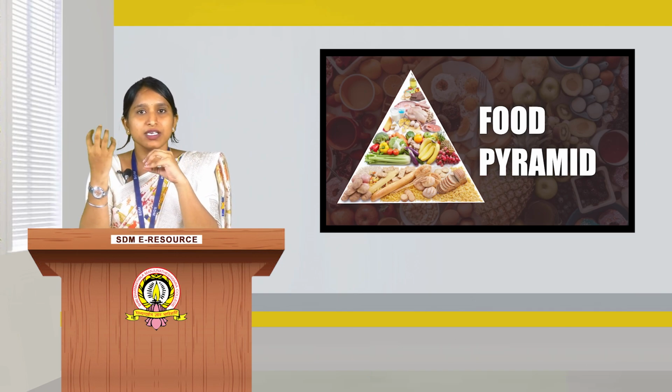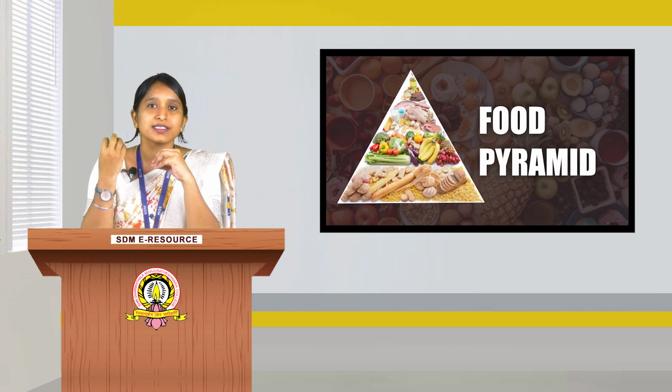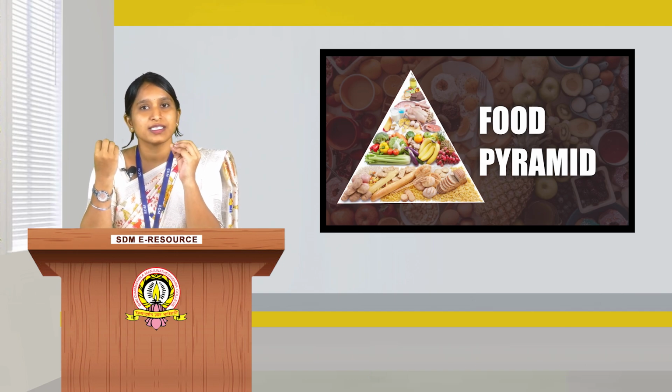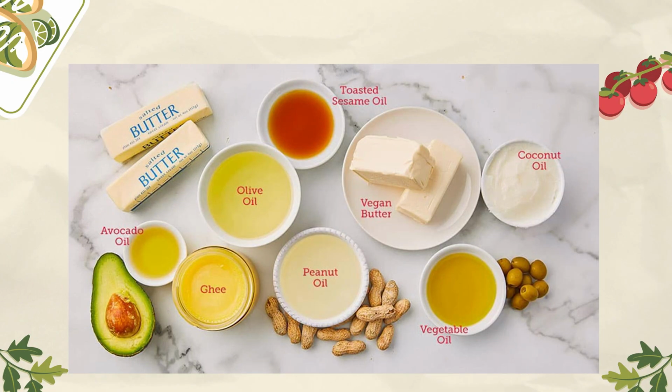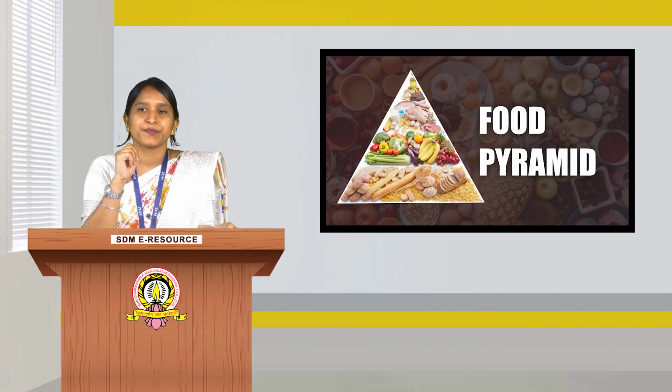That's why we use fats, oils and sweets in very lesser quantity. The oils are taken from plants, and fats, for example, in terms of butter. Some types of oils are vegetable oil, coconut oil and peanut oil. These are some of the oils which we have to eat in a very small quantity.